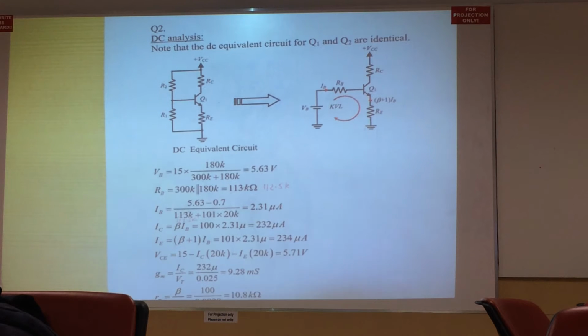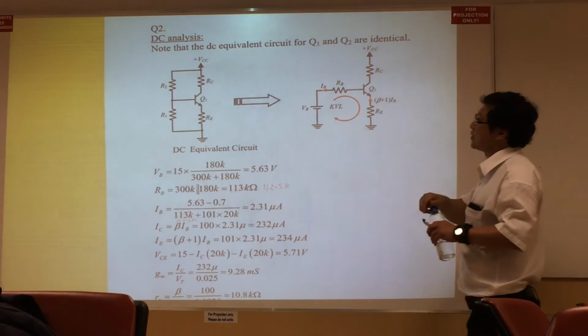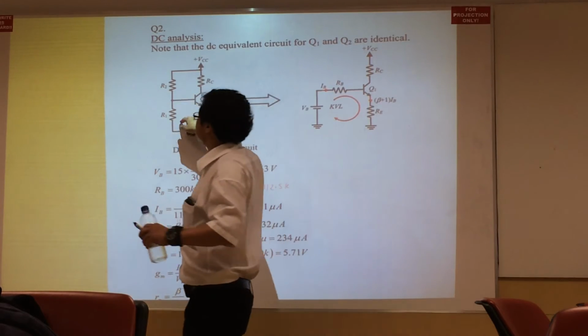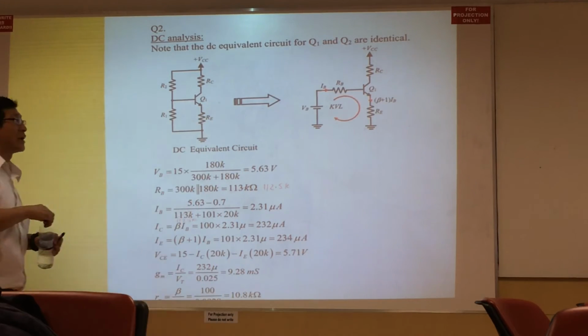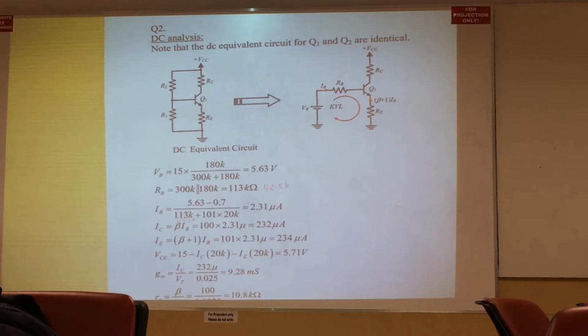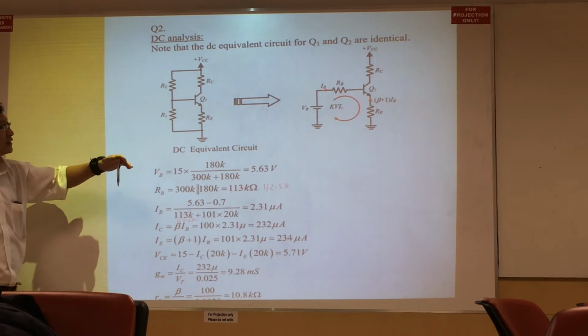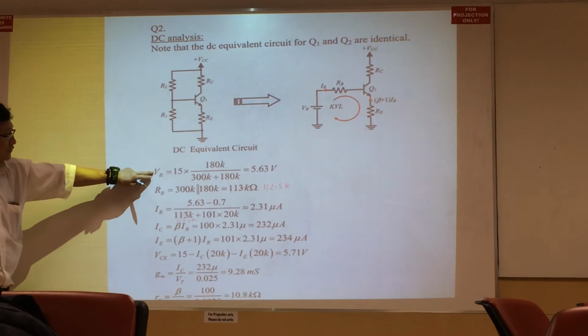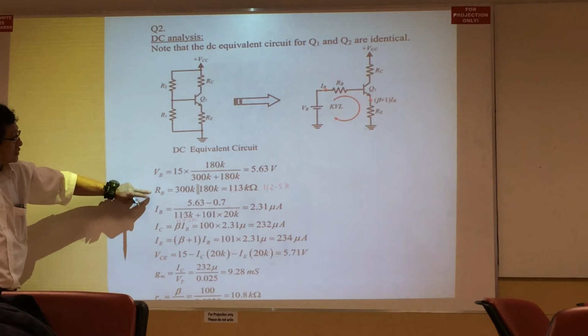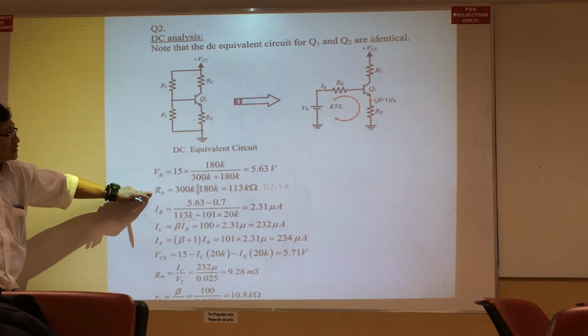Okay, so in question 2, we have two identical DC conditions and two resistors, another two at the collector and emitter, and therefore we can find out the Thevenin's equivalent at the base. VB is the Thevenin's voltage, RB is your Thevenin's resistance.